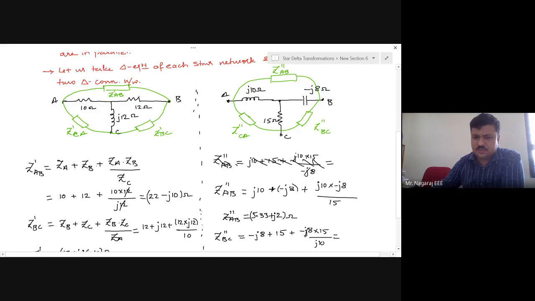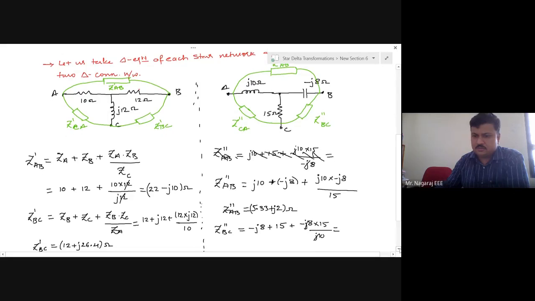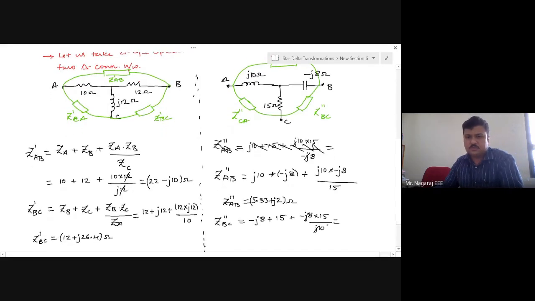So this J and this J will cancel. 8 into 15 is 120. By 10 it is 12, plus 15 is 27. 27 minus J8.